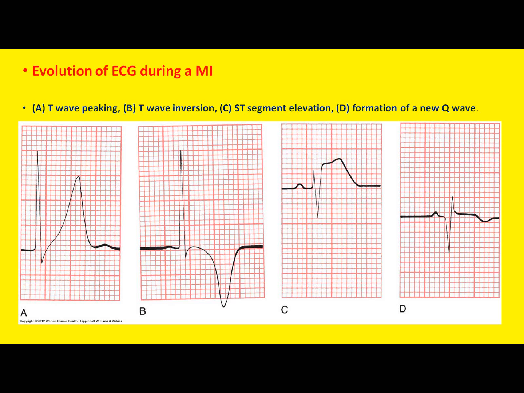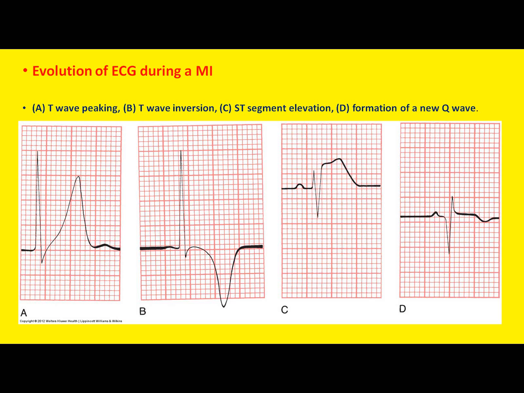If you see peaked T waves, either it's a heart attack or it could be hyperkalemia, high potassium. So either the patient is having a heart attack or it could be due to hyperkalemia. And then the next step is the T wave becomes inverted, called T inversion.